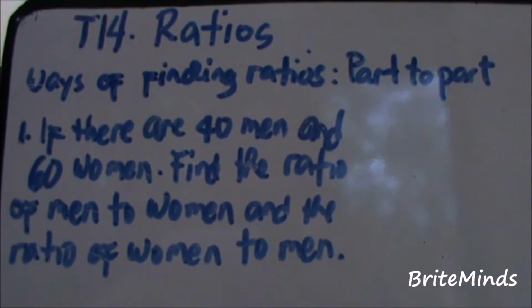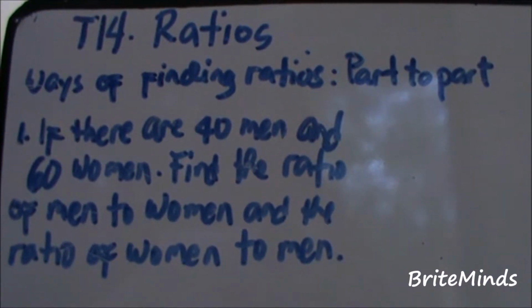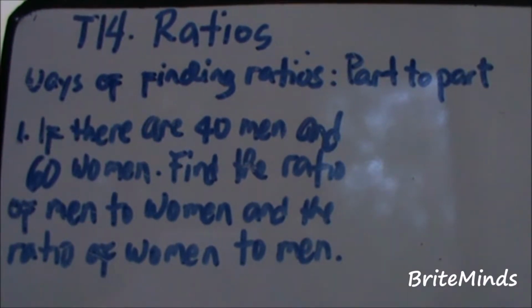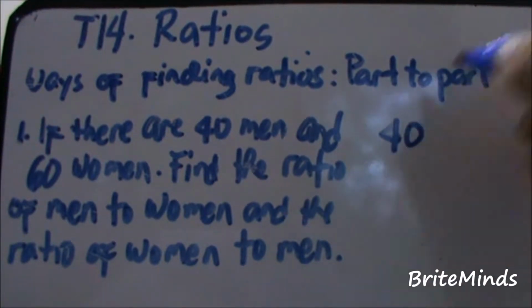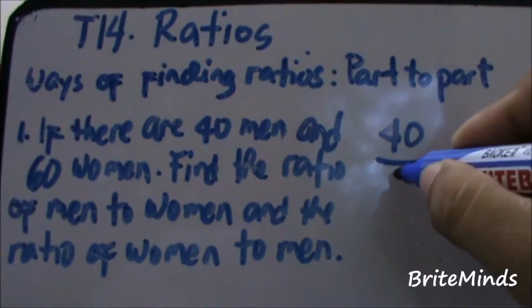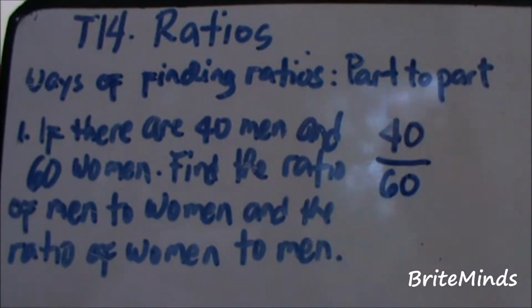To find the ratio, we simply perform division, dividing the 40 men by 60 women. As I discussed earlier, we can express the ratio as a fraction, then reduce to lowest terms.